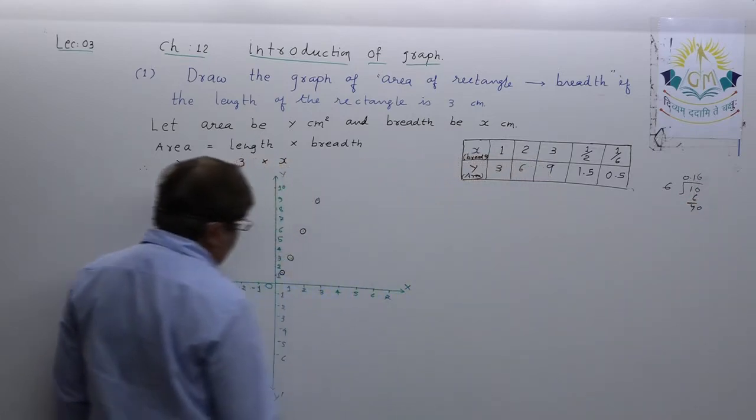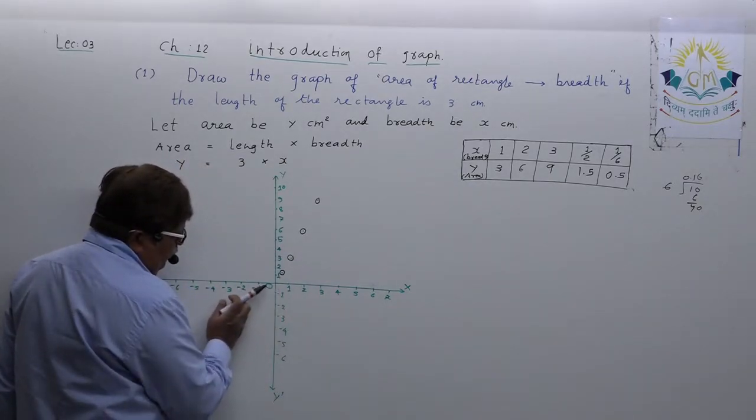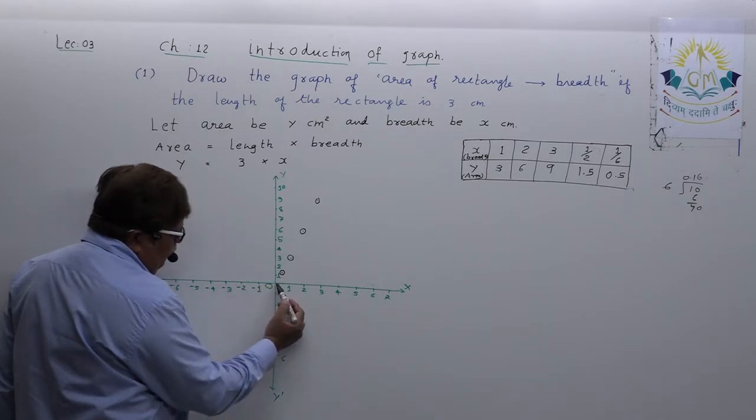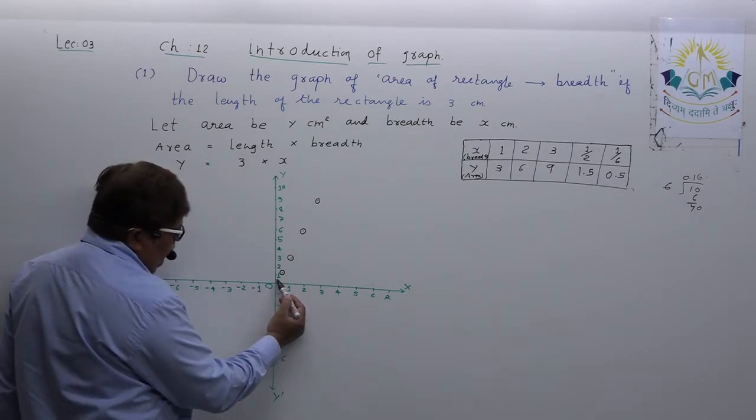Where will 0.16 appear? See, the first is 0, then 1 and 2. Somewhere between 1 and 2, meaning between 0.1 and 0.2, and this is 0.5.